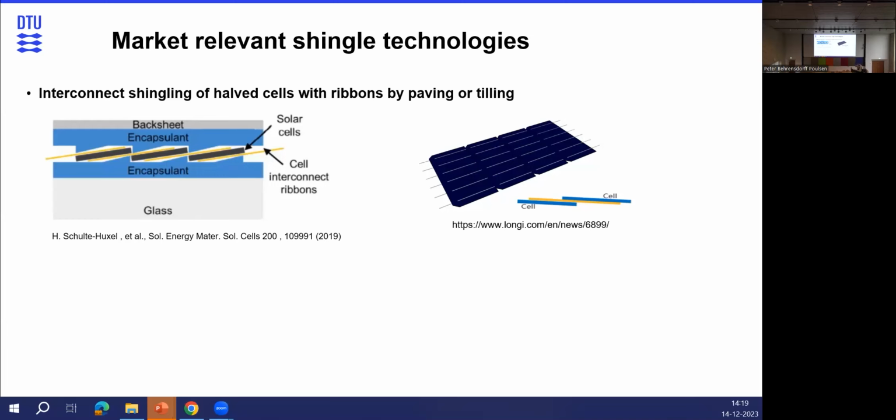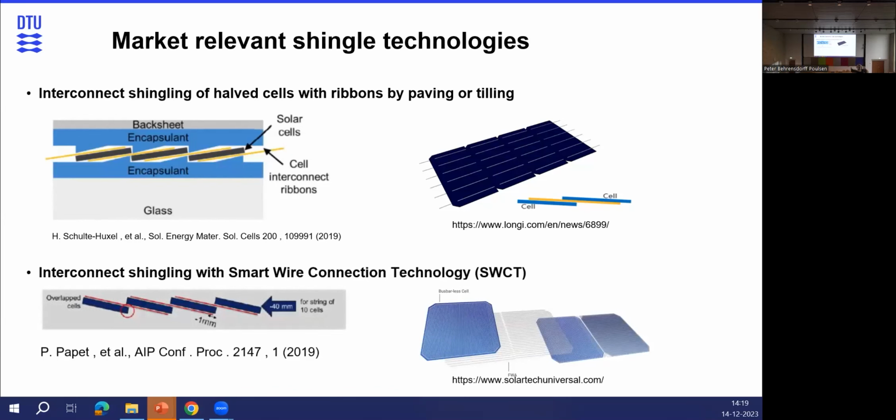One is by having half-cut cells and tiling them and connecting them together, soldering together the bus ribbons. It can also be done with cells which have smart wire connection. The purpose here is to basically reduce the space between solar cells to increase the overall efficiency of the module.